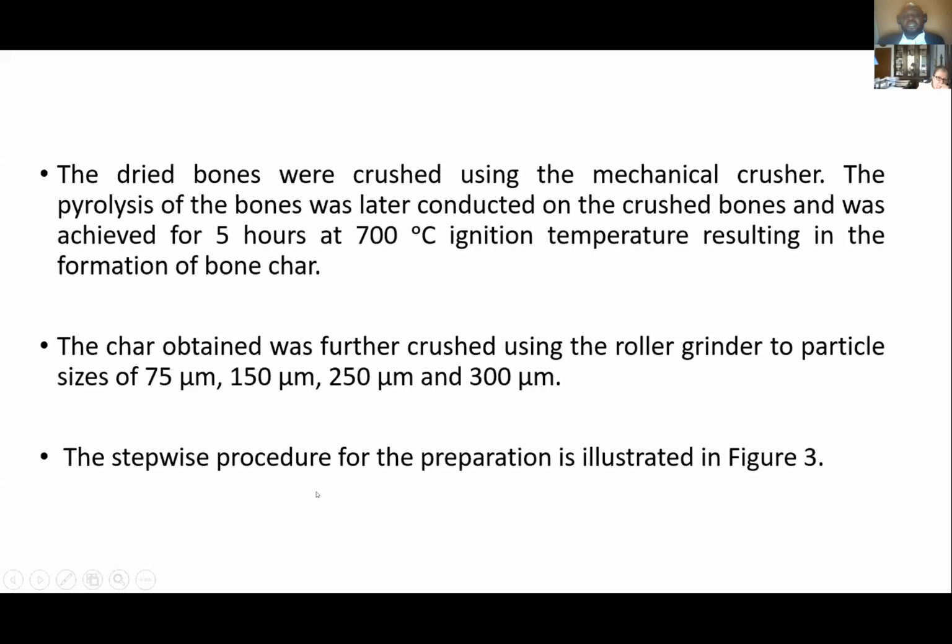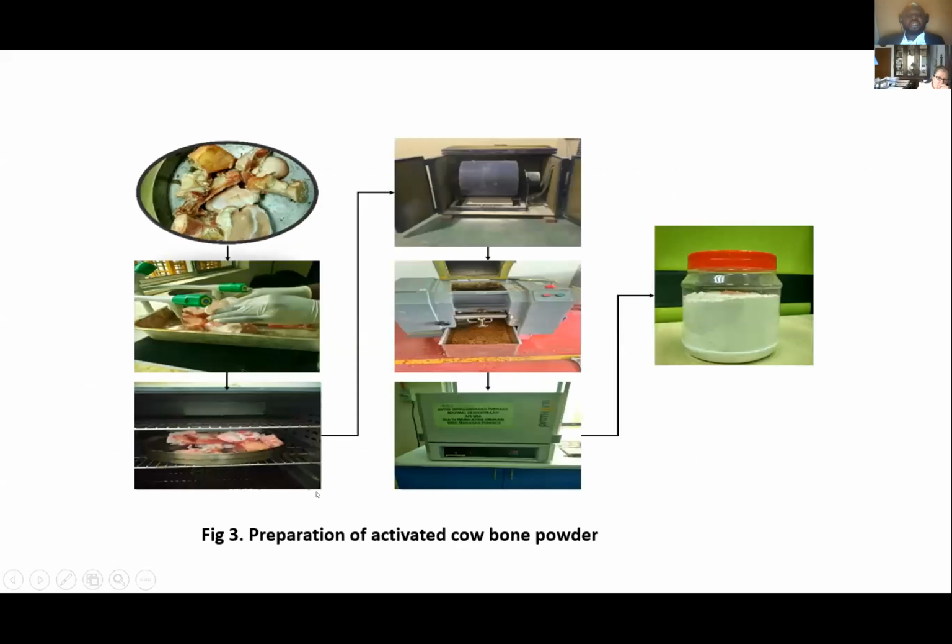And the procedure for the preparation is illustrated in figure 4. This is the bones starting from the washing, the drying at 105 degrees Celsius. Then this goes with the crushing, the mechanical crusher.